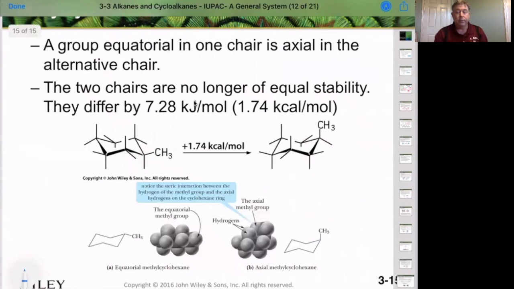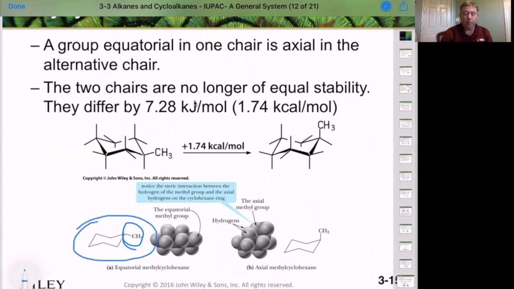Okay, so for example, if we have this configuration here where we have a methyl group attached to it here, the methyl group is now bigger than a hydrogen. Because it's bigger than hydrogen, it's going to favor the situation where the methyl group is in its equatorial position as opposed to this axial position, because it's going to start to butt up against these hydrogens here.